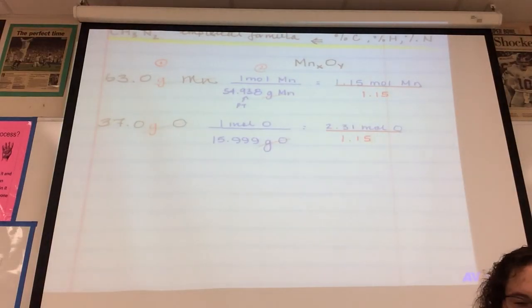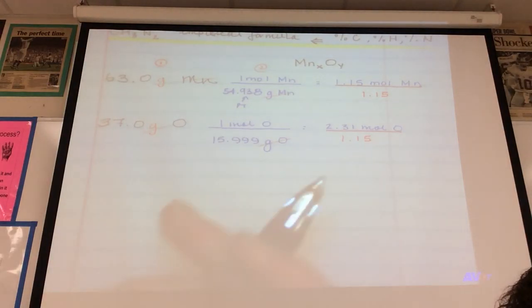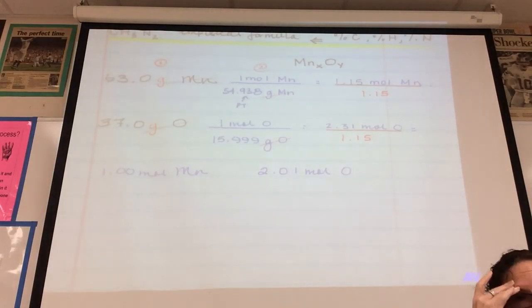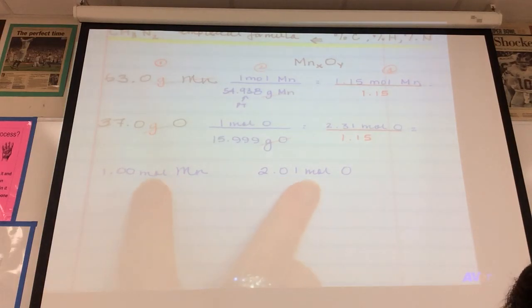When you divide that, you get 1 mole of manganese and 2.01 moles of oxygen. The division step is very often the one that kids forget, so be very careful there. That's step 3, to divide only by the number. Maintain these units. A lot of you are very sloppy with your units. You've got to be very consistent here. It makes a difference as you go.